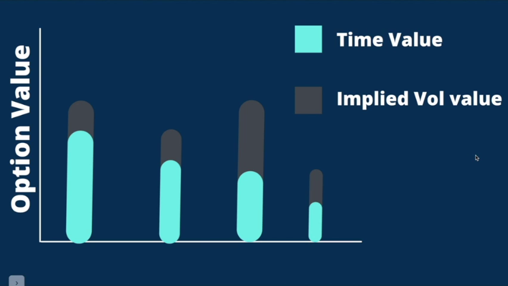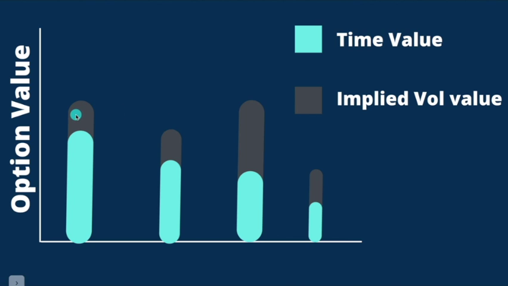So here's a breakdown of an option's value over time. Okay, so we're going from the start. We open this position, let's say at 45 days till expiry, and as we go from left to right, we get to 0 days to expiry.